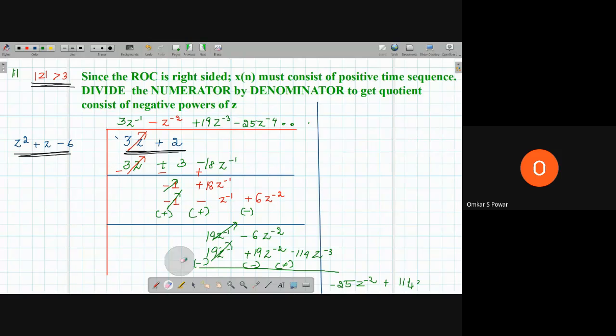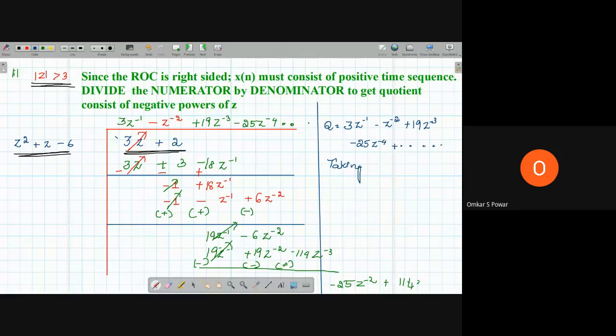Then observe here carefully. So your quotient is 3z⁻¹ − z⁻² + 19z⁻³ − 25z⁻⁴, and so on. So take the inverse z transform.